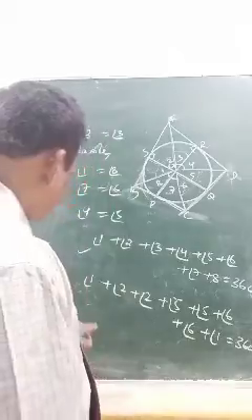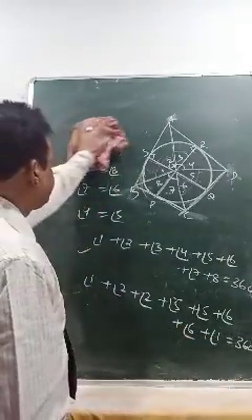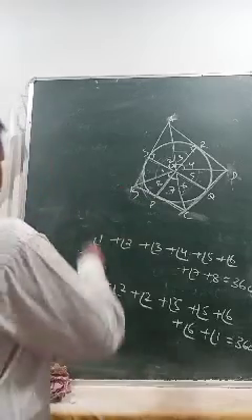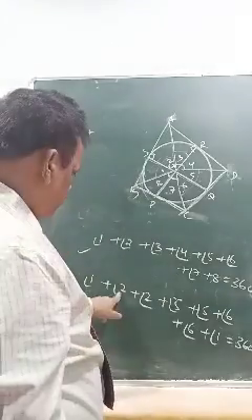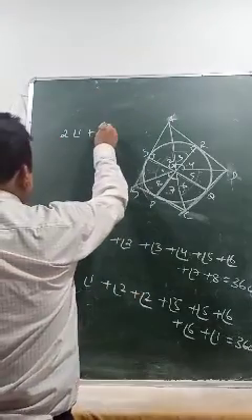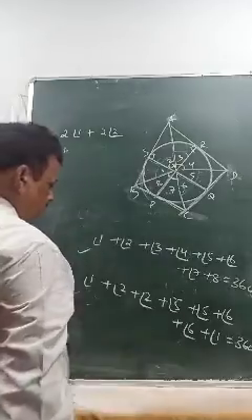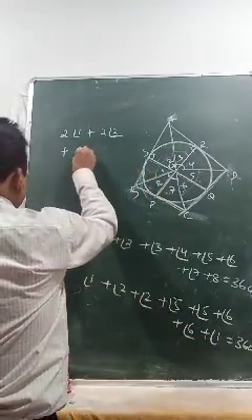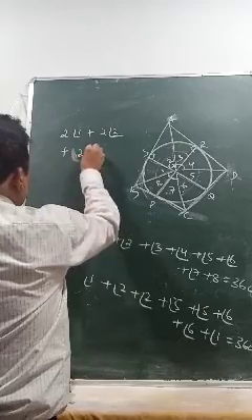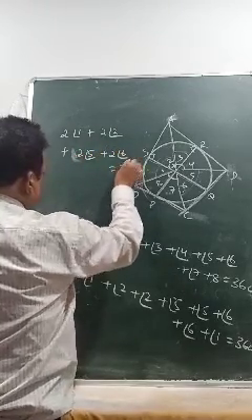Okay. How did you get? 2 times angle 1, 2 times angle 2, plus 2 times angle 5, 2 times angle 6 equals 360.